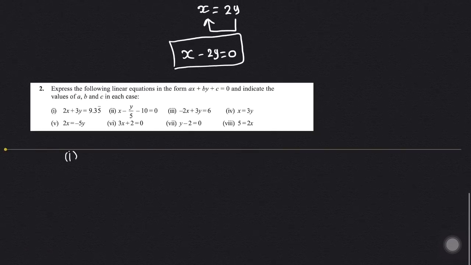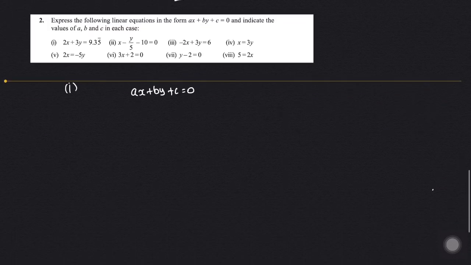The general equation is ax + by + c = 0, so move the entire term to the left side.